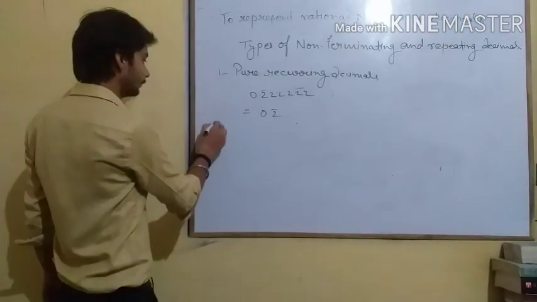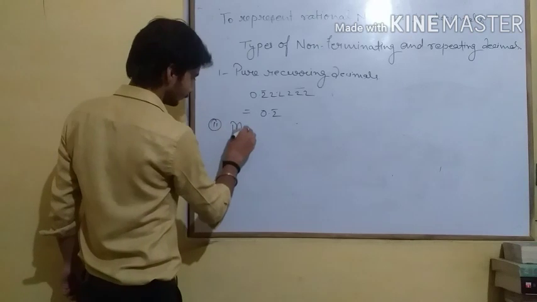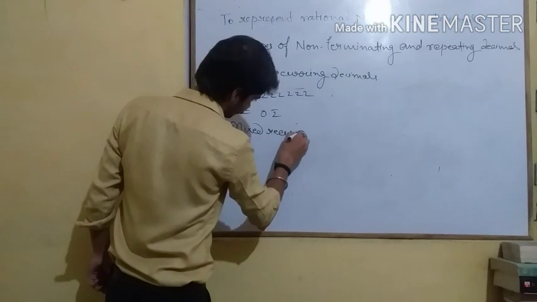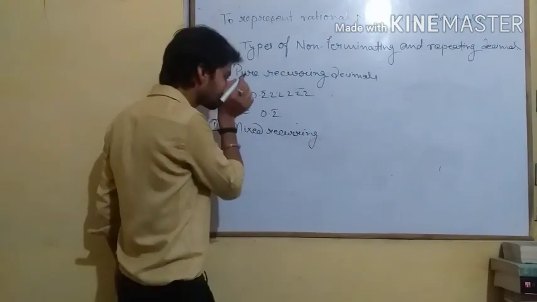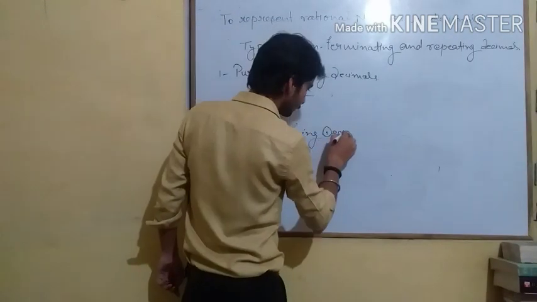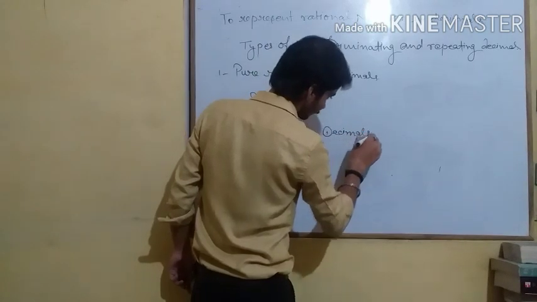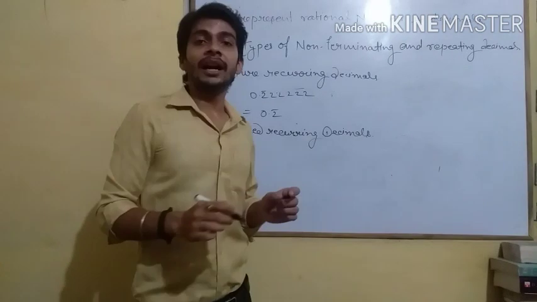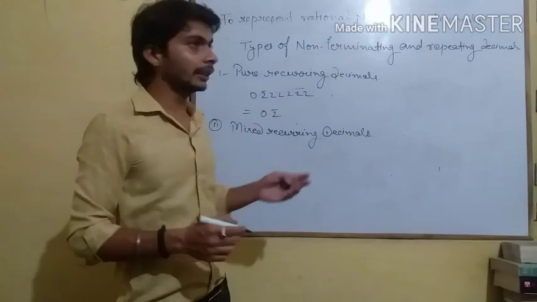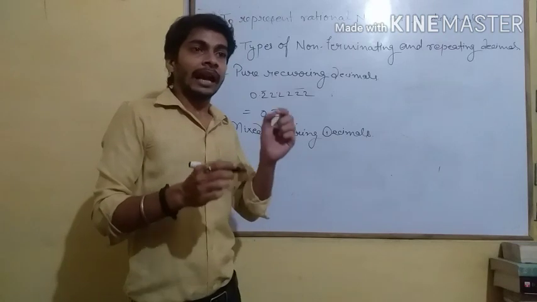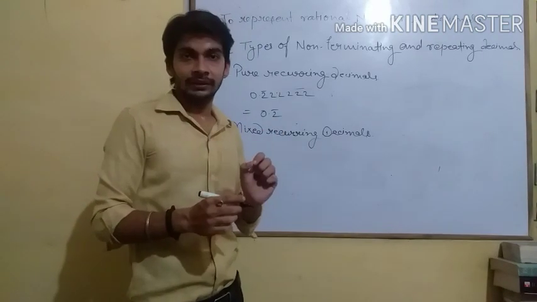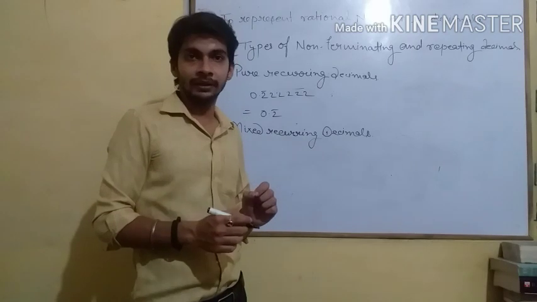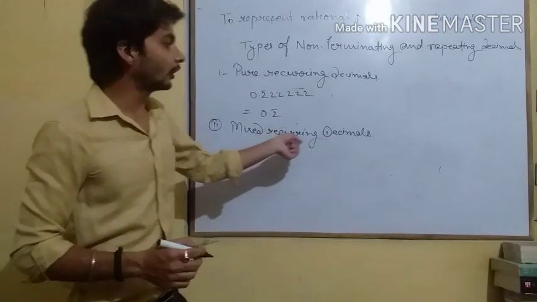Now the second type, mixed recurring decimals. The mixed recurring decimals means if a non-terminating repeating decimal has at least one digit after the decimal which is not repeating, then that decimal is called mixed recurring decimal.